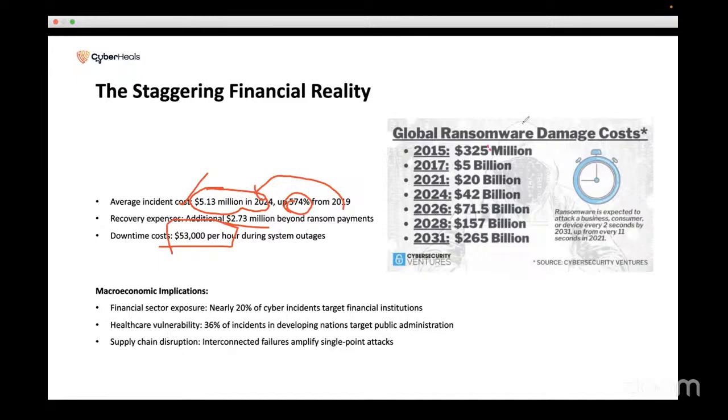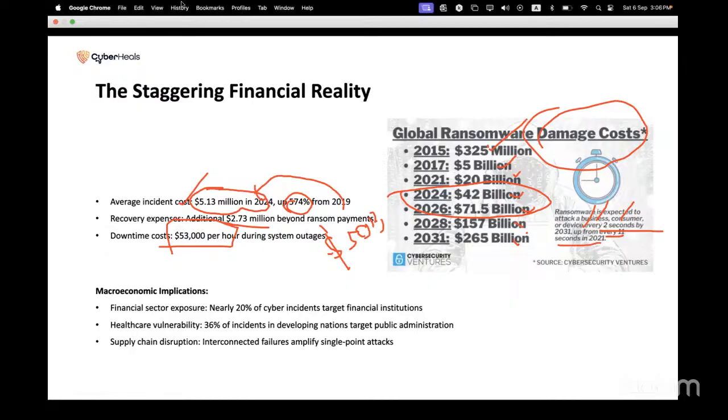So this is the cost: almost $50 billion is the global ransomware damage cost. A business, customer, or device is hit every 2 seconds, down from every 11 seconds in 2021.